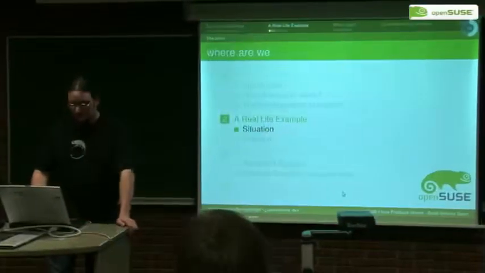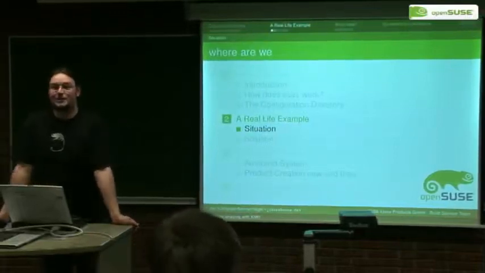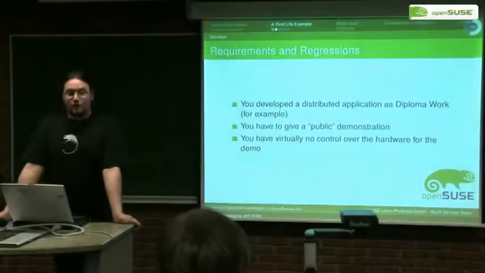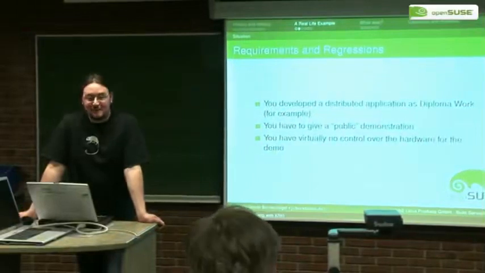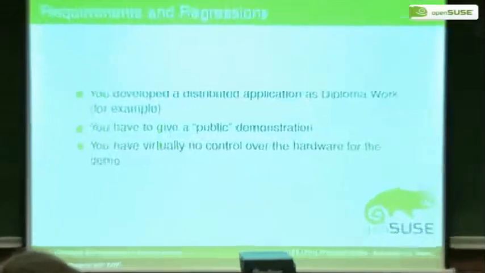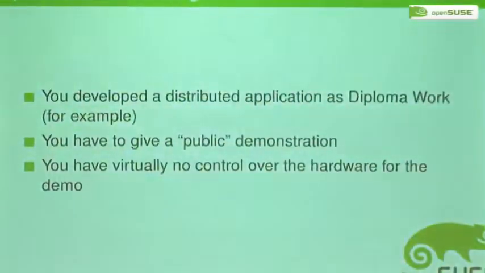Okay. Now, I'll briefly give a real-life example. Imagine the following situation. You wrote a program for your diploma thesis or whatever, and have to demonstrate it on, say we have a distributed system, you want to demonstrate something which has a client-server application, and you need two machines for this.